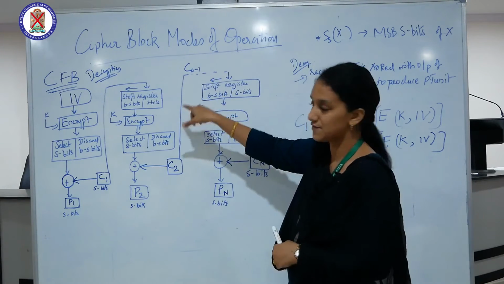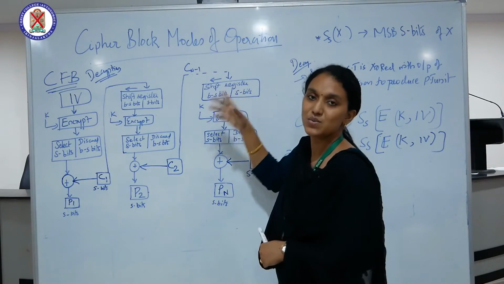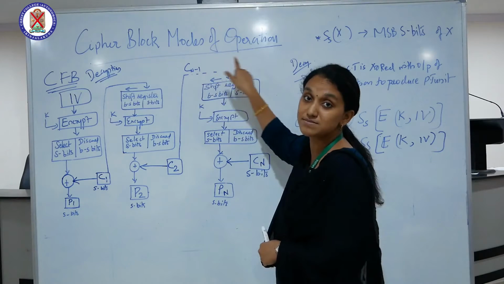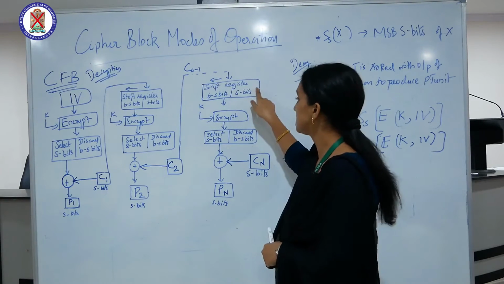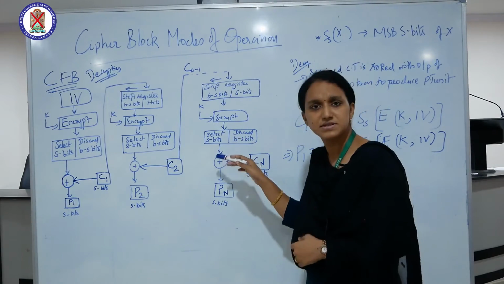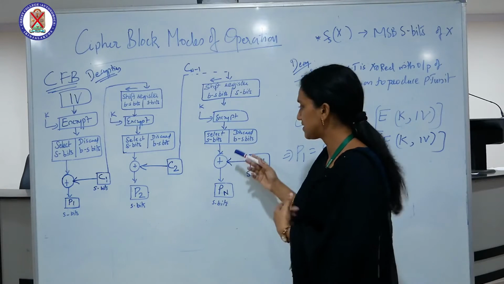The preceding cipher will be entering as the input to the shift register, where the bits are shifted leftwise, and the preceding cipher becomes the LSB S bits and enters the encryption algorithm, out of which the S bits are selected. The remaining B minus S bits are discarded.